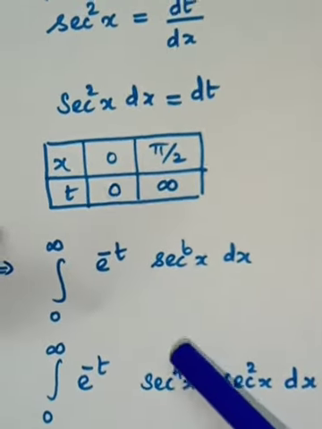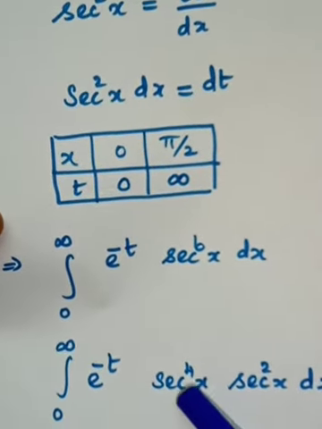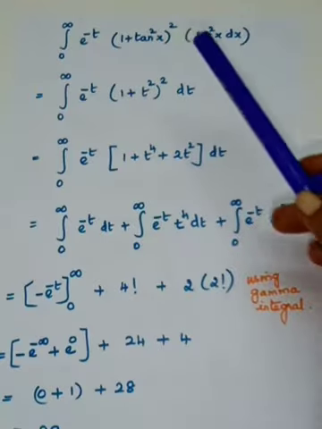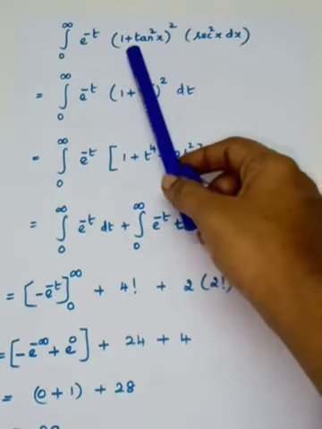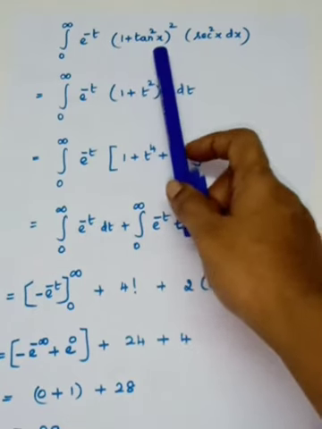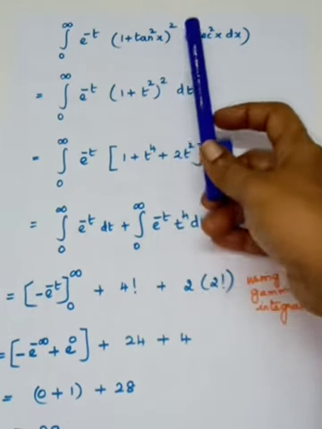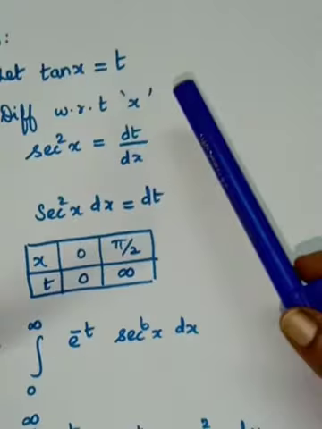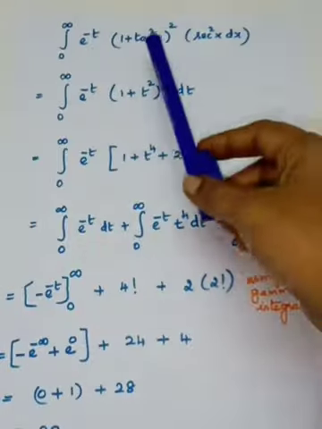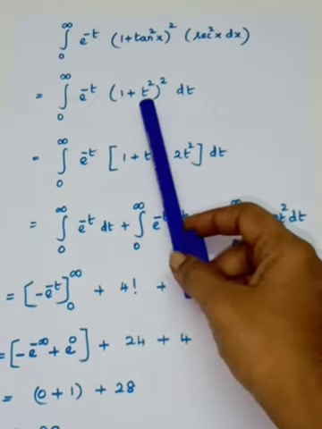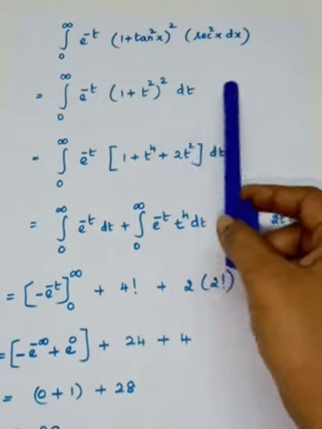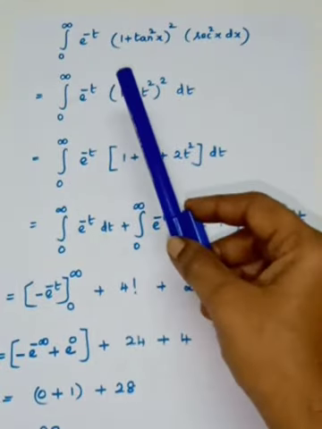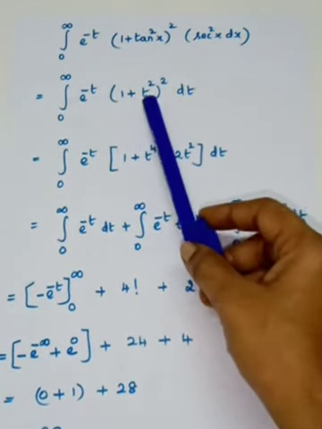Secant squared x can be written using the trigonometric identity 1 plus tan squared x. Since we have taken tan x is equal to t, here tan squared x is equal to t squared, the whole squared. So everything is in terms of t. So you have to expand using the formula a plus b the whole square.